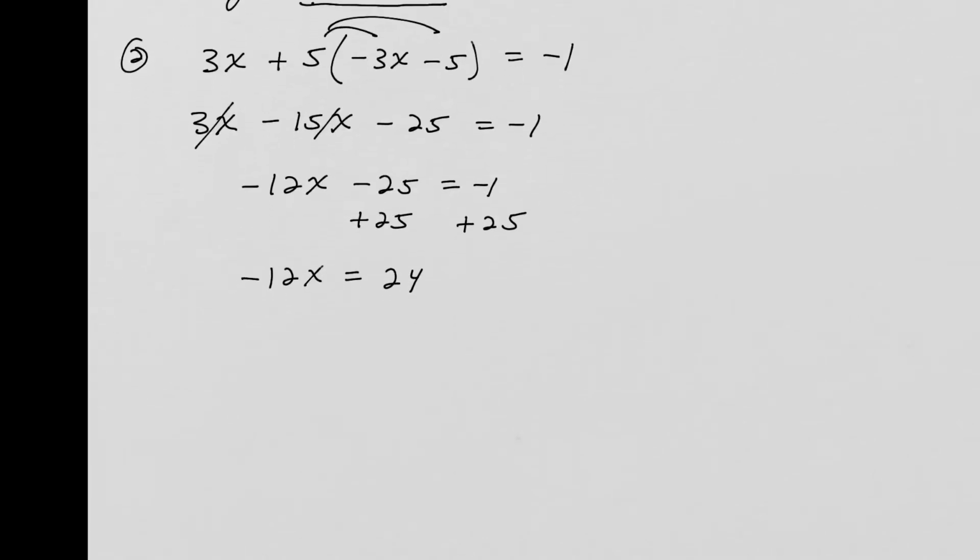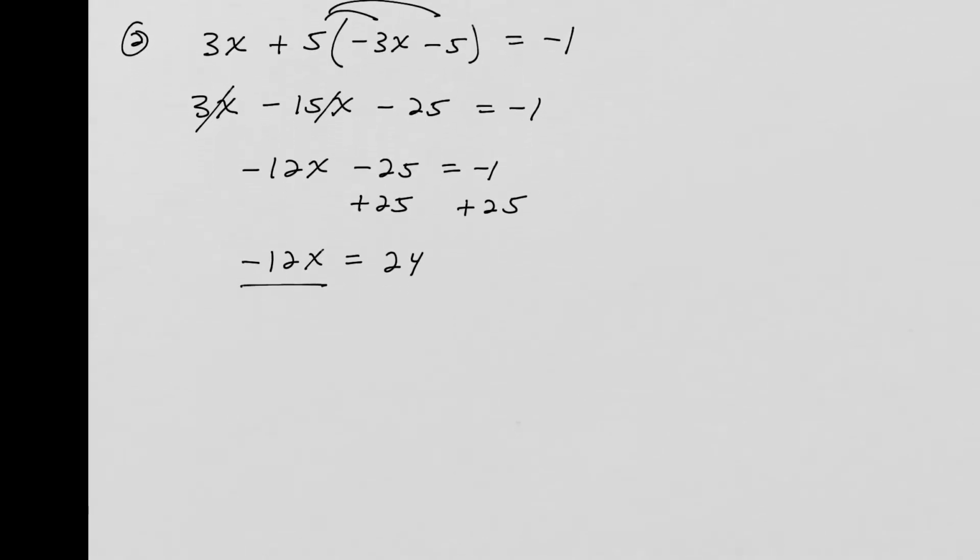And then finally, if I divide by negative 12, then I'm going to get x equals, and then positive 24 divided by negative 12 is a negative 2. So I have the x coordinate of my solution, of my point, which is the solution. Okay, so now I go to step 3. I take that solution for x and I plug it back into either of the equations.